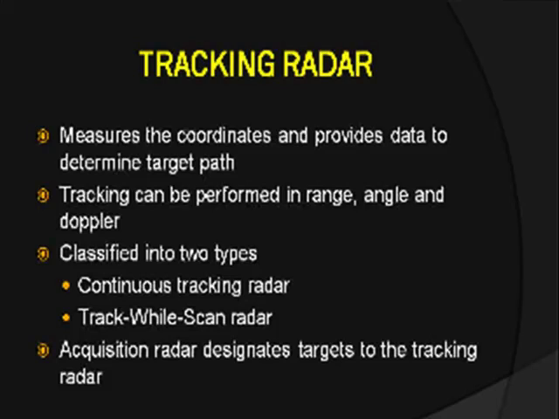Similarly, in the space applications, to locate the future positions of the satellite, then tracking can be performed in range, angle and Doppler, that means velocity. So we can concentrate on either range or angle or both, and in certain cases we concentrate on the velocity.